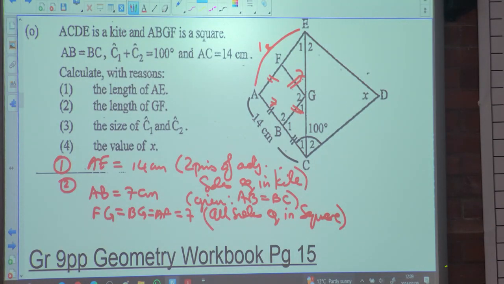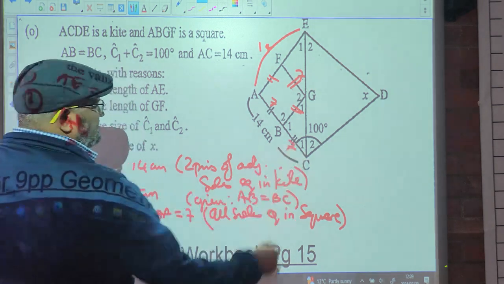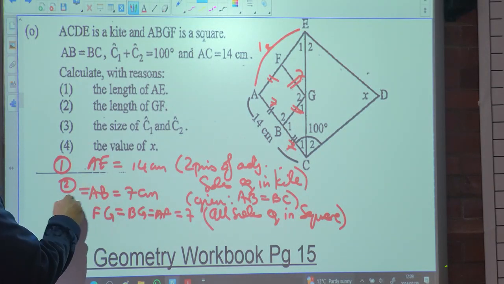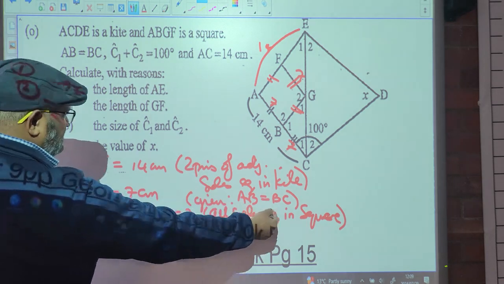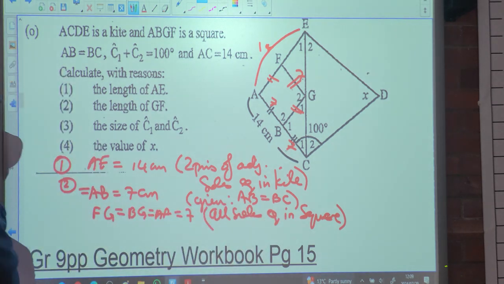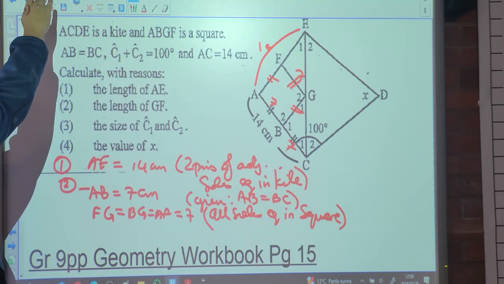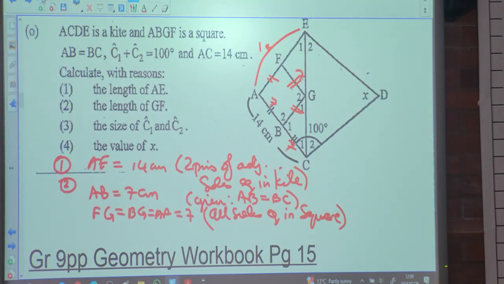But if I need to use it again, then I can just say, okay, this is also 7. Any confusion, people?